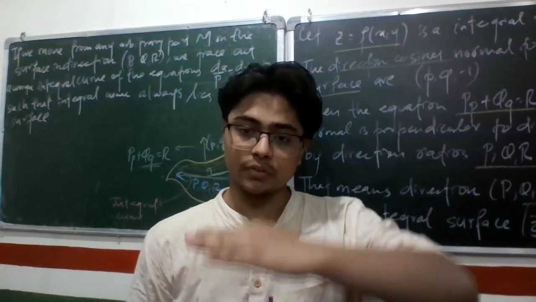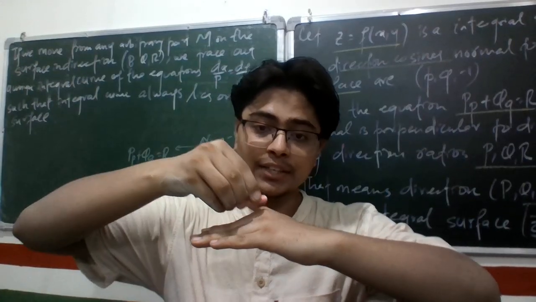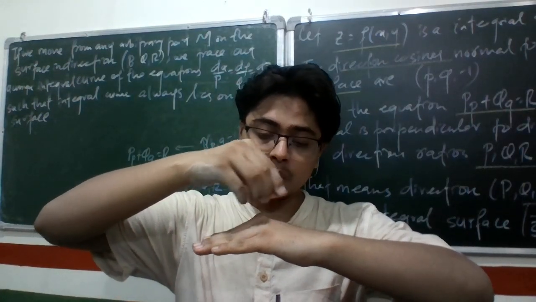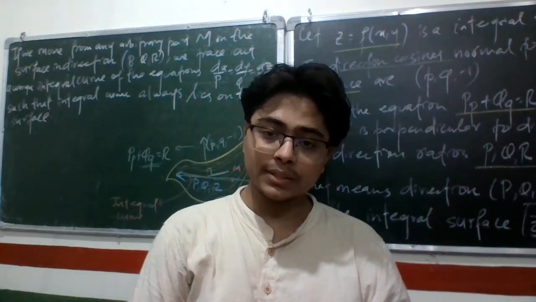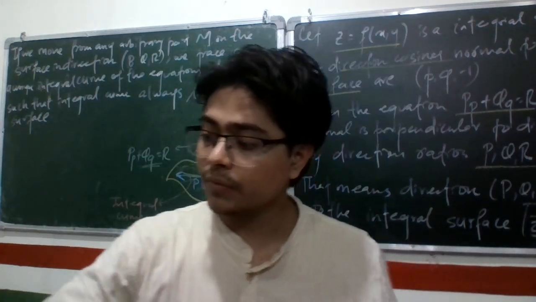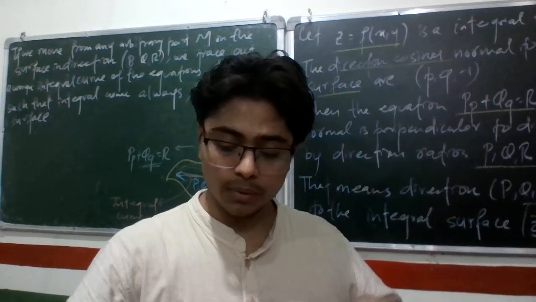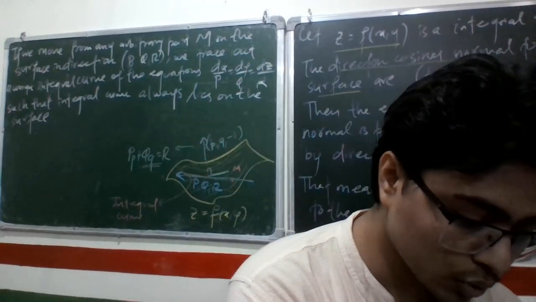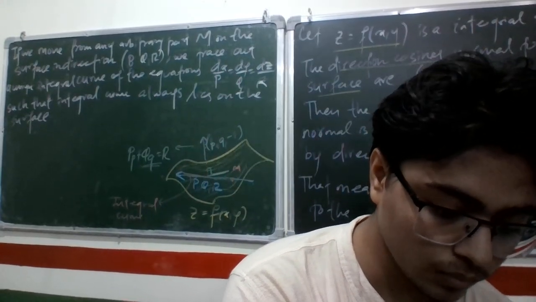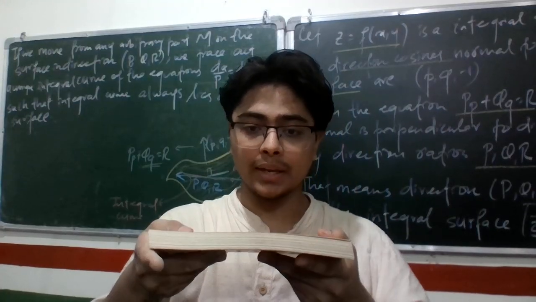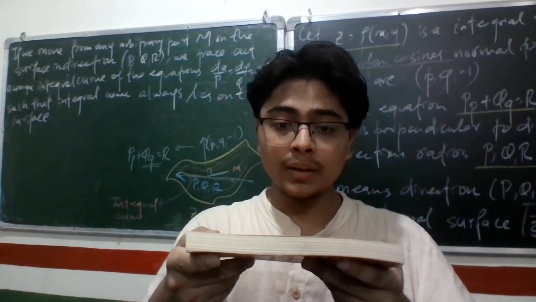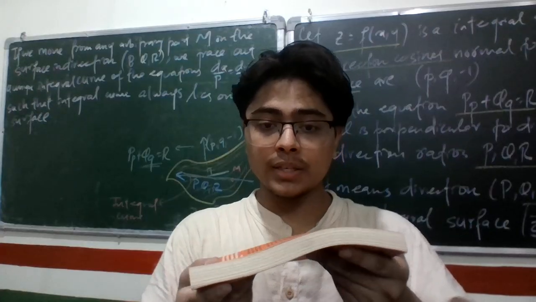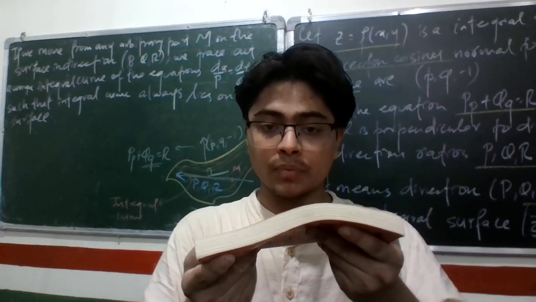So you can imagine a surface, and you can imagine a tangent. Now, suppose we have a plane, but as we have a surface, this plane may be tilted a little bit this way.